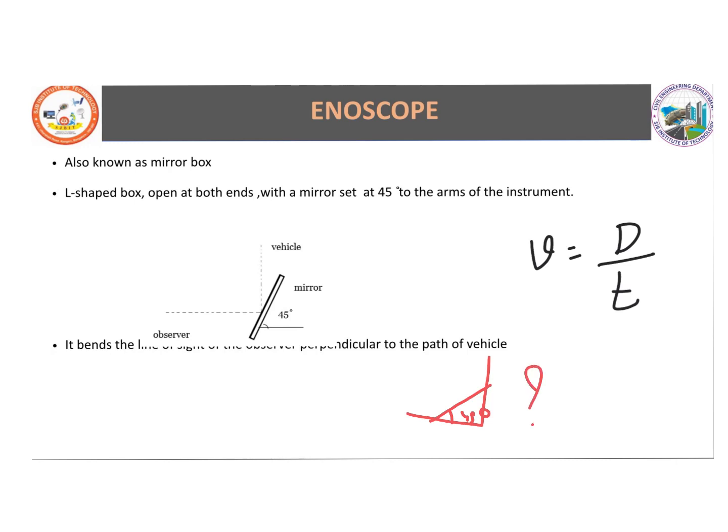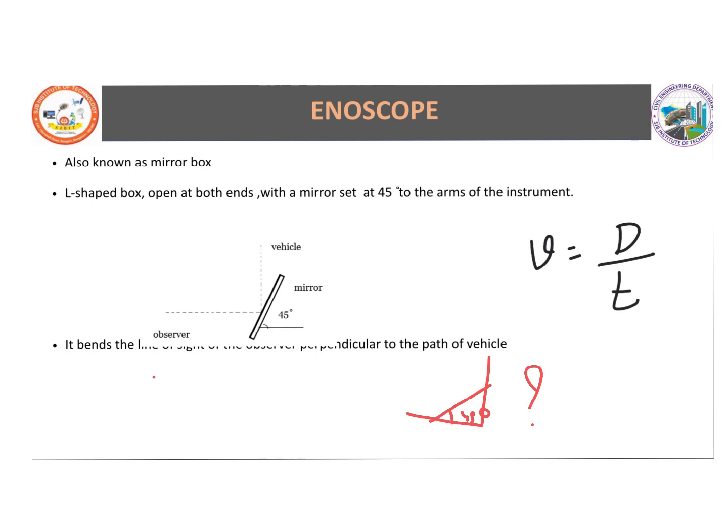What is the purpose of using the inoscope? In the direct timing procedure, what was the drawback we had? It involved the reaction time of the two observers. To overcome the drawback, we reduce the number of observers required for the collection of the data.